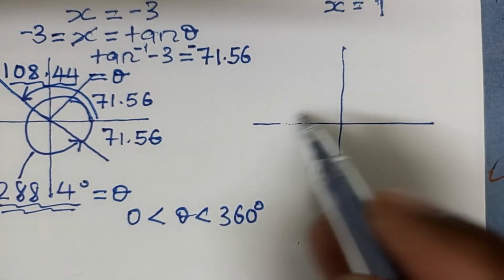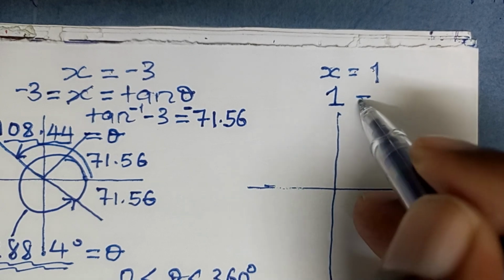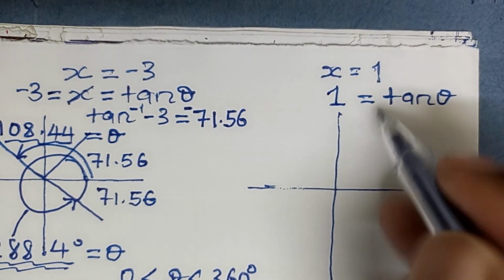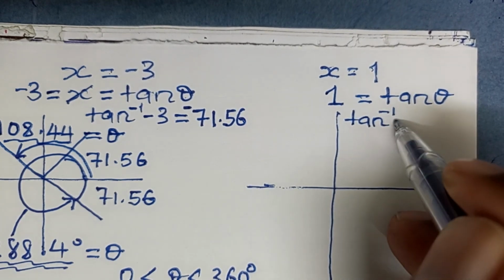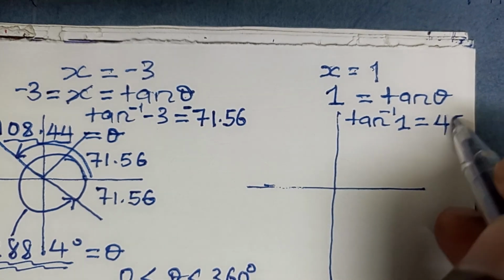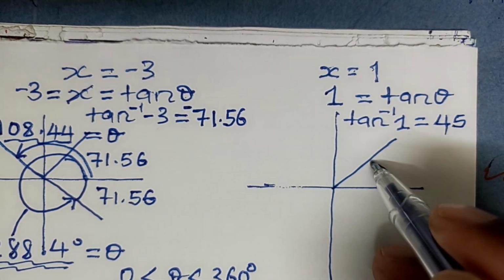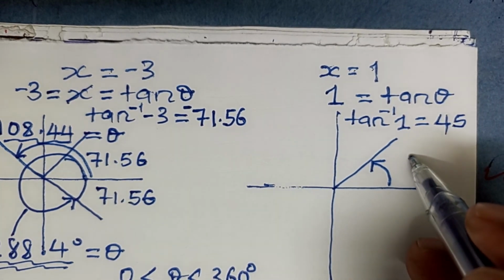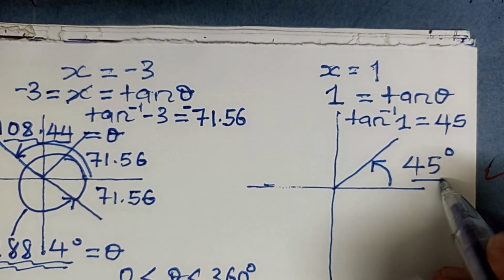Guys, now coming to this other side, we have 1 is equal to tan theta. And therefore, tan inverse 1 comes to 45. And so our angle here is going to be 45 like that. That is the first angle we have, 45, and it's supposed to be positive.